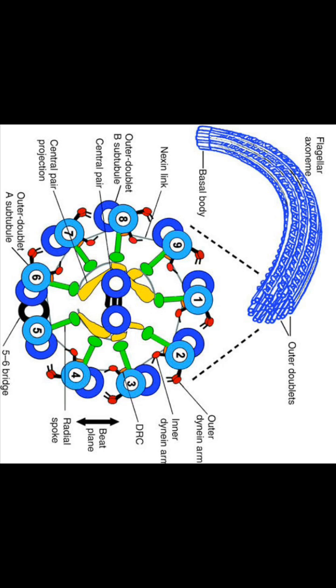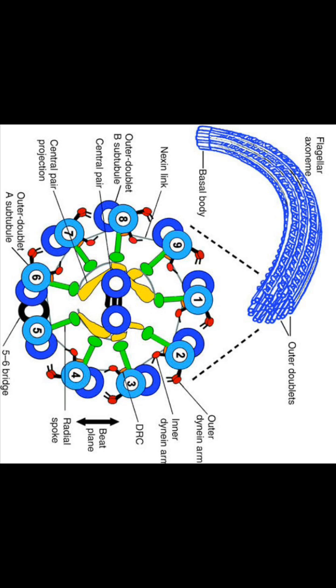So what is the role of the radial spoke, which appears in light green in the diagram? It is a connector. With what are they connecting? The microtubules which are present peripherally, their 9 doublets are connected by one radial spoke each.